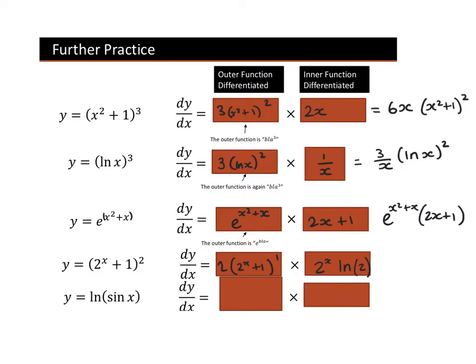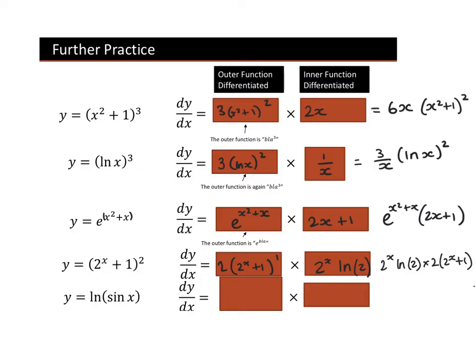Okay, and then we multiply that out. That looks awful. We're going to get 2x ln 2 times 2 lots of 2x plus 1. I suppose you could expand and simplify, but for now it's about understanding.